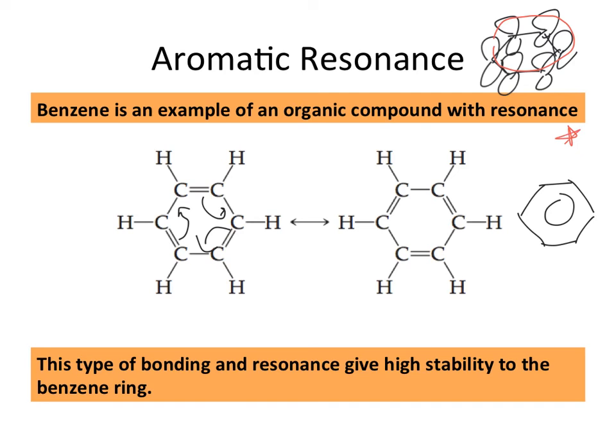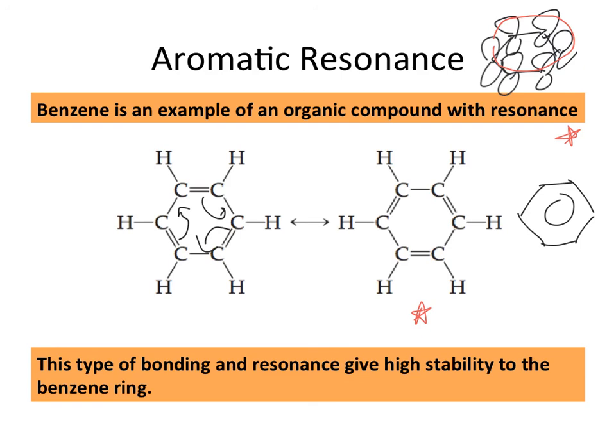This type of resonance and bonding in benzene rings leads to very high stability. In a lot of compounds in nature, we will see benzene as a component of the molecular structure, and that leads to high stability and molecules that are able to last for a while under extreme conditions.